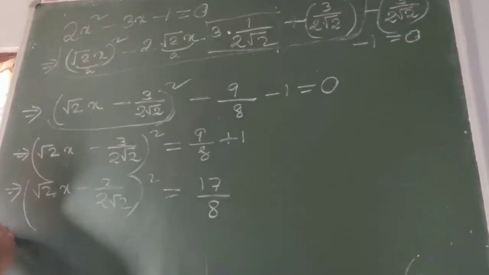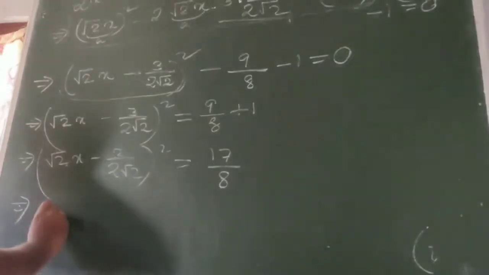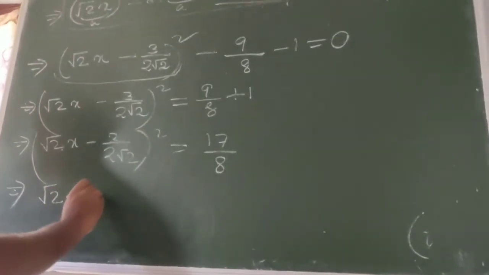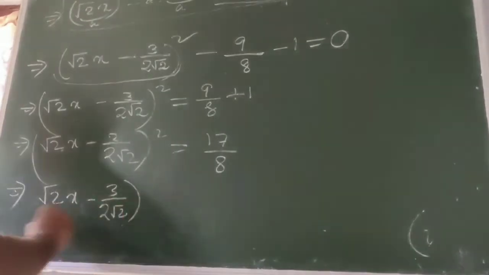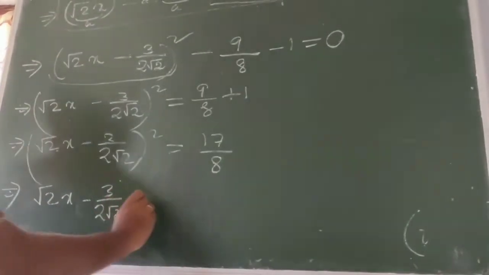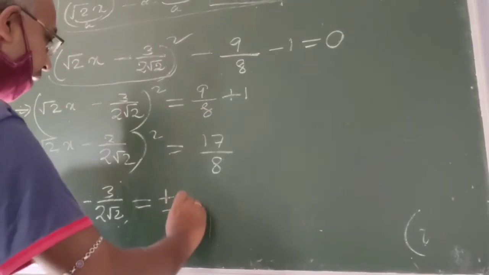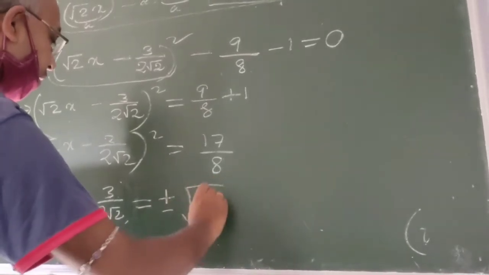Yes. Now I have to remove the square, but I will write root 2x minus 3 by 2 root 2, the whole thing square is removed, and equal to plus minus root over 17 by 8.